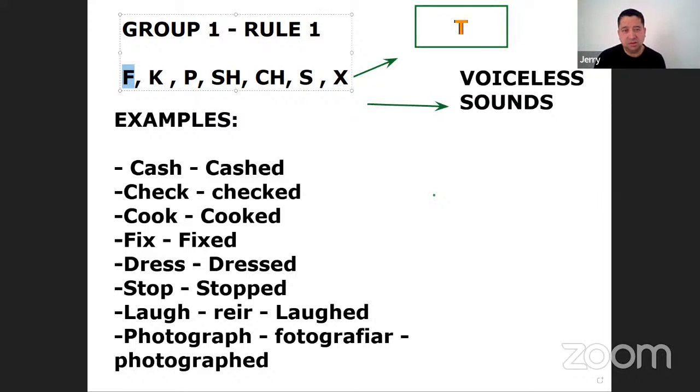I don't know if this is a verb. Yes, it's a verb. It's when you cash, Jerry, the action to pay with material money, al contado. Okay.